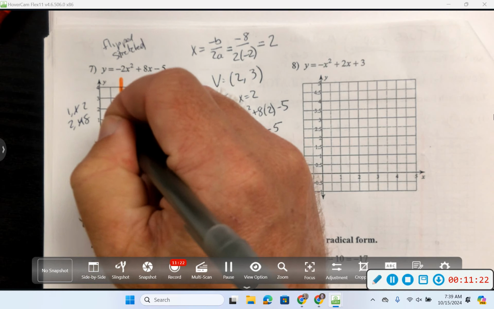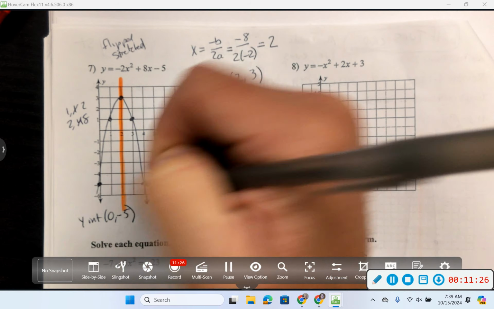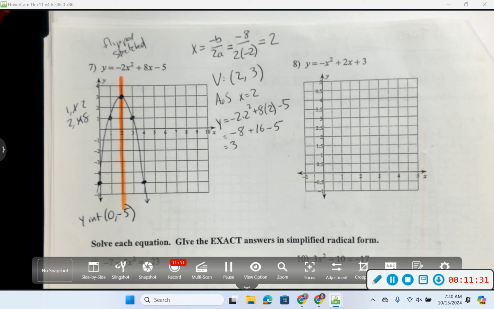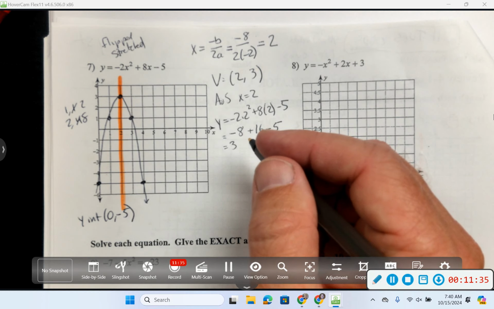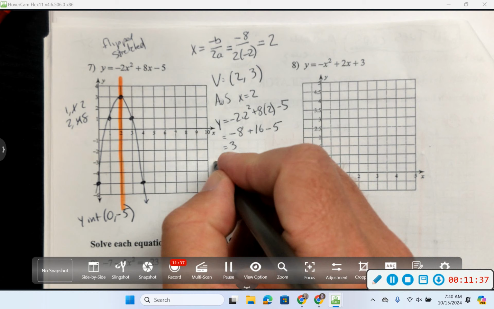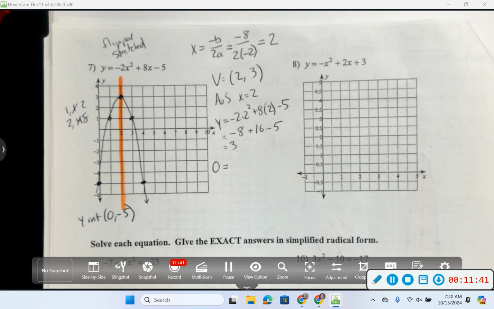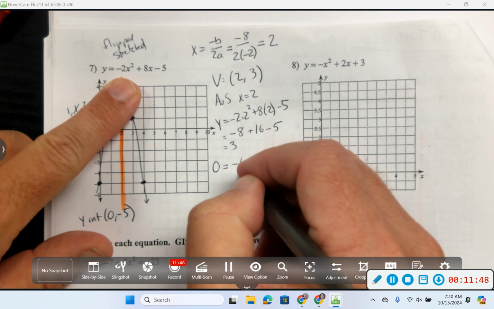Now my x-intercepts, I can visually see where they're sort of located, between 0 and 1, between 3 and 4. But I wonder if I can do better than that. So I'm going to set this thing equal to 0. I'm going to factor out the negative because I don't like trying to factor with that negative right there.